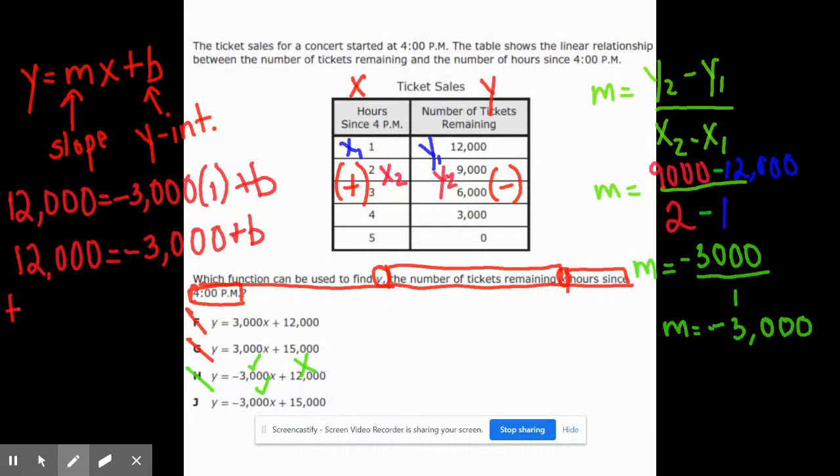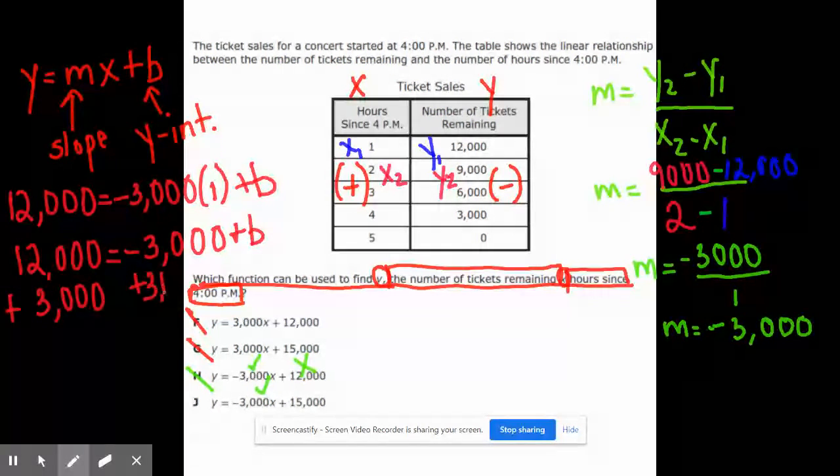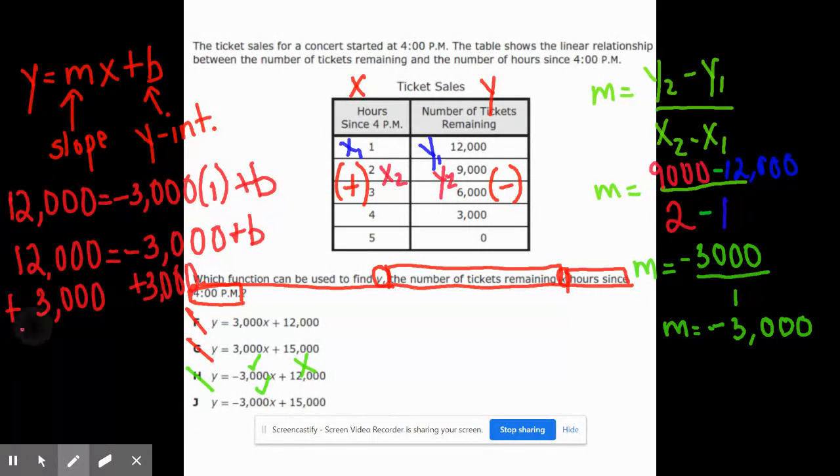Remember to keep the equation equal, I have to do the same thing on both sides. 12,000 plus 3,000 would be 15,000. These two do cancel out. We see that 15,000 equals b. Looking at our answer choice for J, we can see that the y-intercept is in fact 15,000, making that our answer choice.